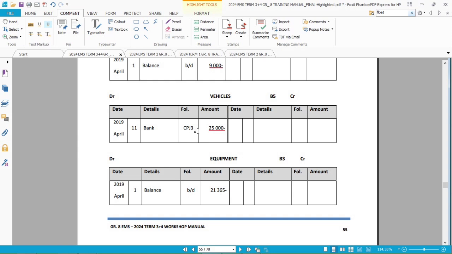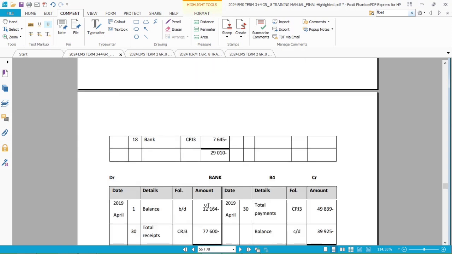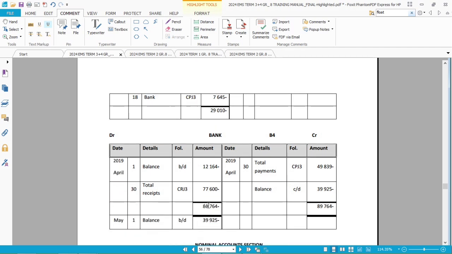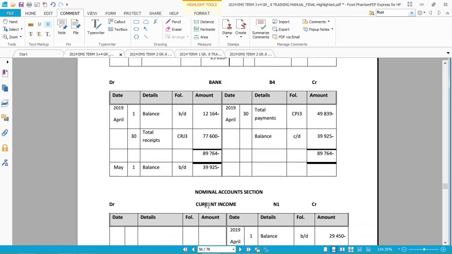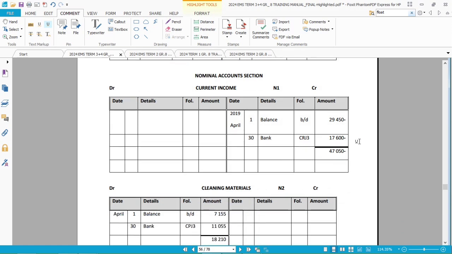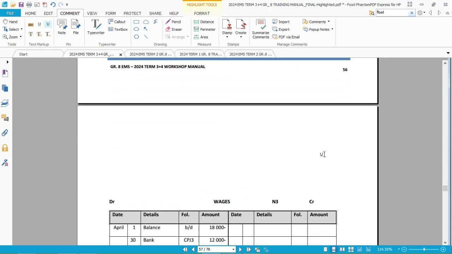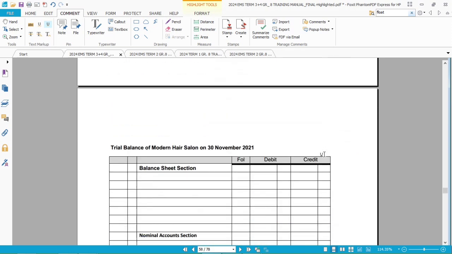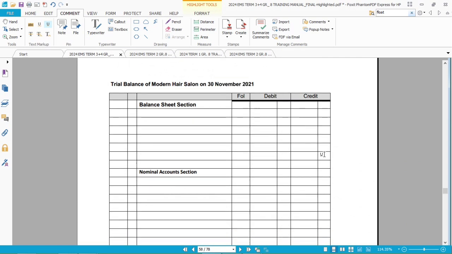Obviously the side where the amount is written tells you that this specific account increases on that specific side, but you're not given as much information as you're given in the other activities. You've got the nominal account section, so I'll be using the last amount from every account here. Alright, so let's start and complete the question.